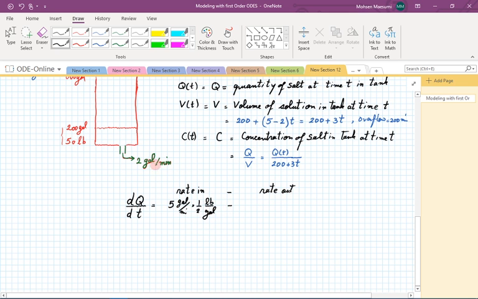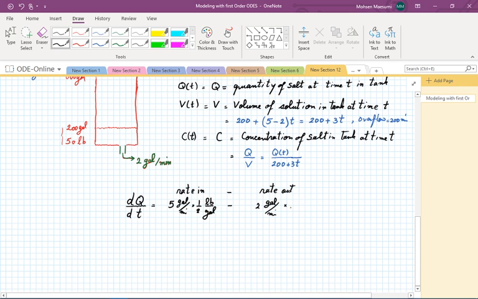Outgoing, well, it's now 2 gallons per minute going out. And how about this number? For the incoming, I had half a pound of salt per gallon. What should I write here? What is the concentration going out?